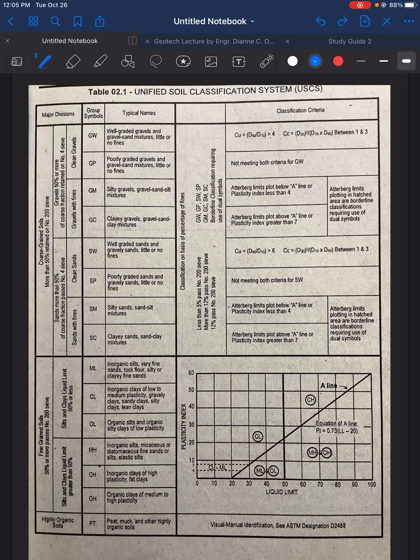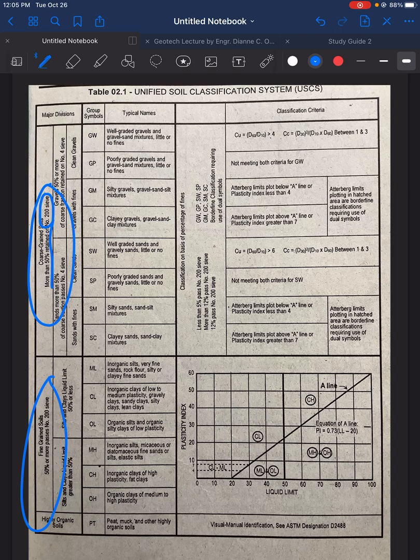It says there, coarse-grained soil and fine-grained soil. So we need to choose which one to use based on the data presented in the table. Okay? So according to this first criteria, it says there, more than 50% retained on number 200 sieve.